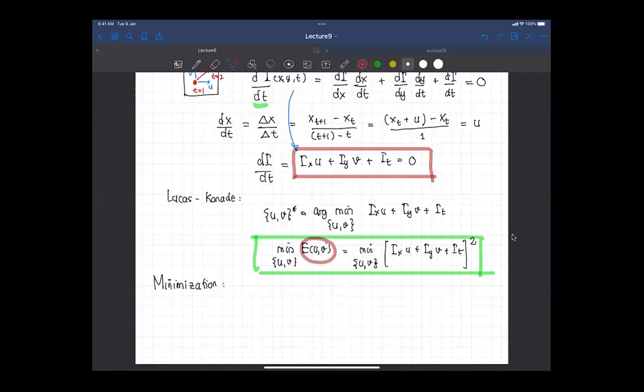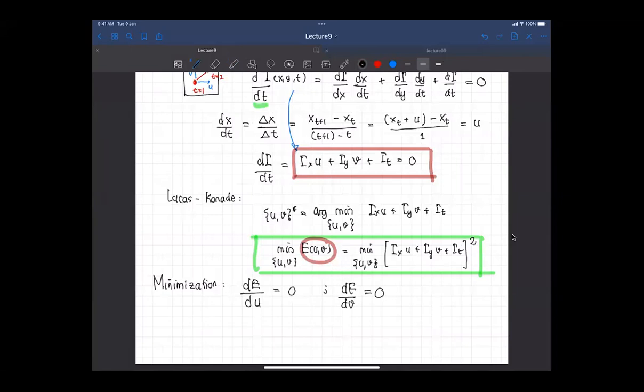So what do we do? It's a very basic pattern recognition question. Derivative, exactly. The derivative dE/du equals 0, and dE/dv equals 0. And that's the solution that we are looking for.